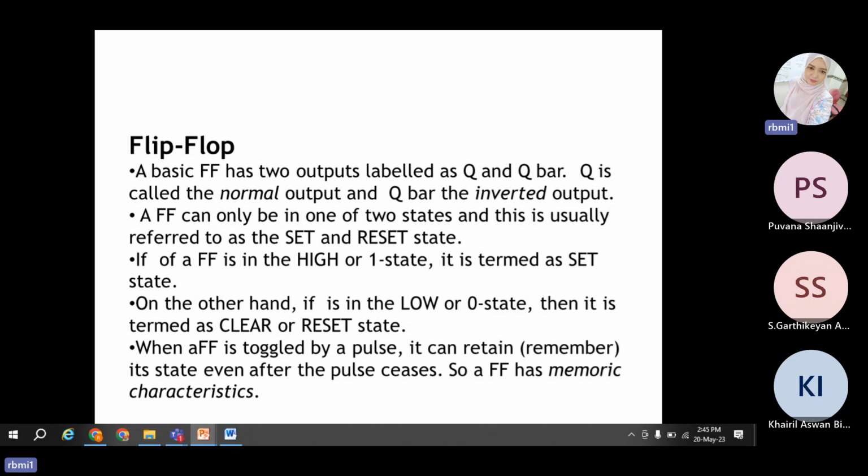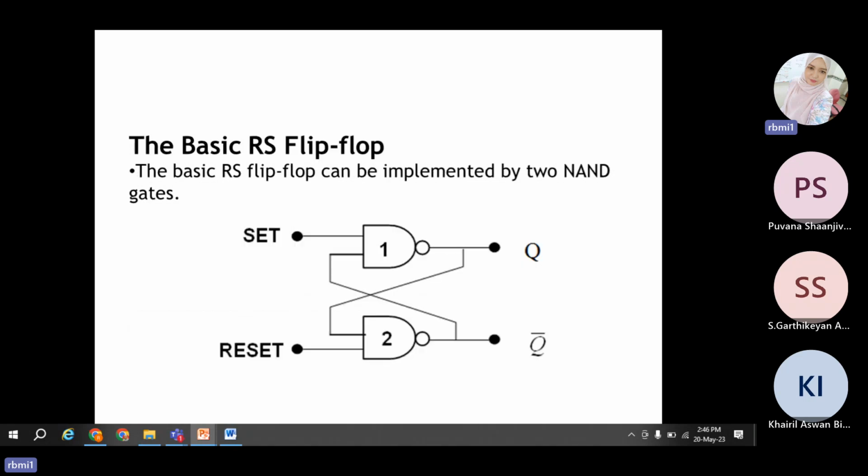A basic flip-flop has two outputs, which we label as Q and Q bar. Q is the normal and Q bar is the inverted. Here we have the basic set and reset flip-flop. RS is reset and set flip-flop with outputs Q and Q bar.